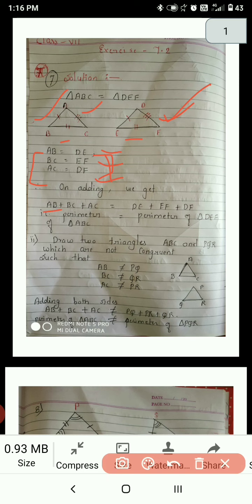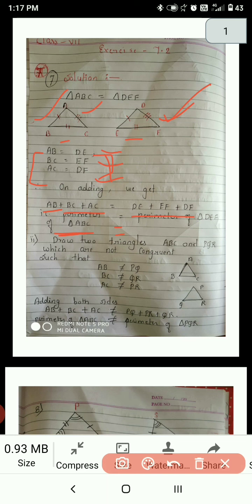AB plus BC plus AC equals DE plus EF plus DF. When sides are equal, their sum is also equal. That's why we can say that the perimeter of triangle ABC is equal to the perimeter of triangle DEF.